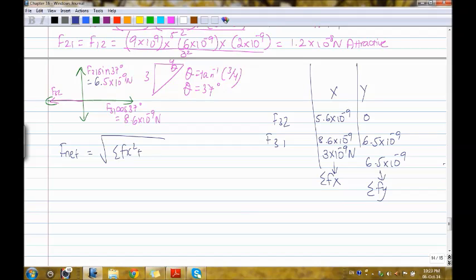Fx squared plus Fy squared. 3 times 10 to the power of negative 9 squared plus 6.5 times.